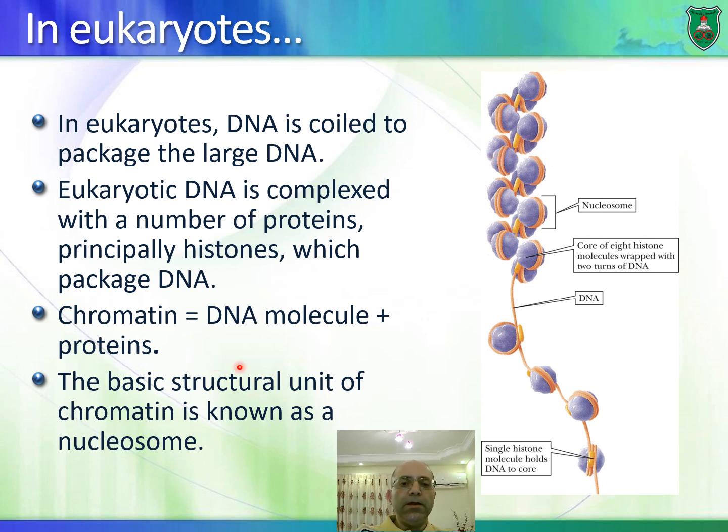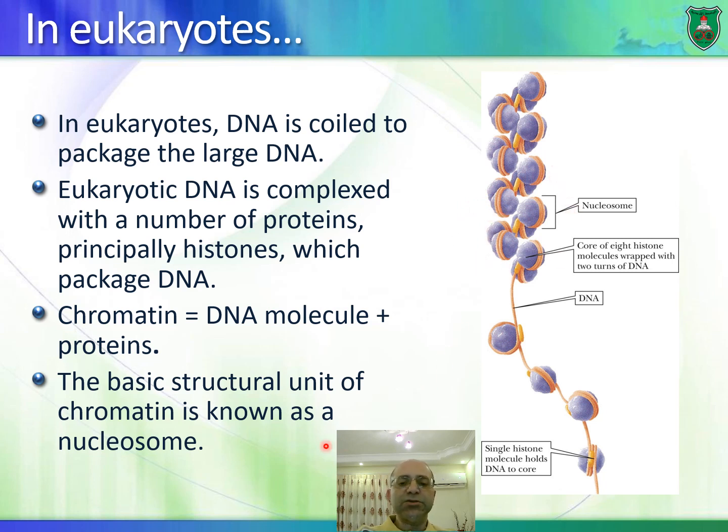Whenever you have a combination of DNA and proteins, like histones, you have a structure known as chromatin. Right here in yellow, you have the DNA molecule, and it is wrapped around this blue structure, known as histones. This here is known as a chromatin molecule.